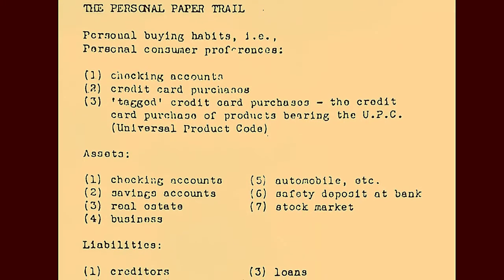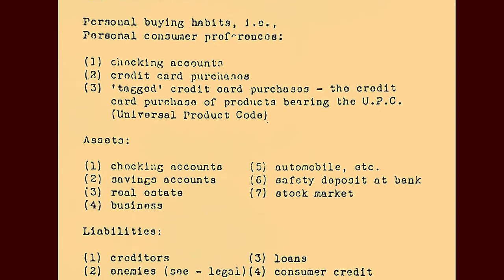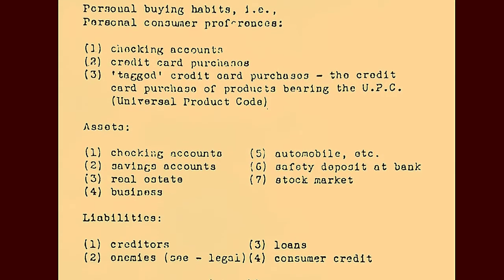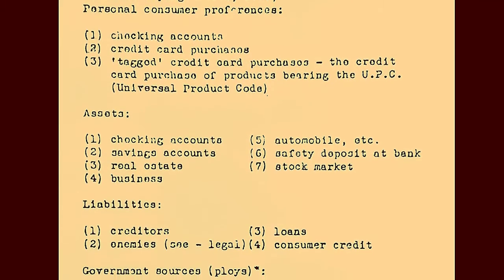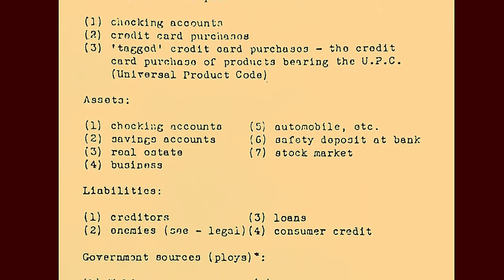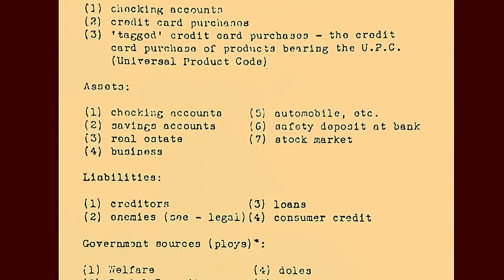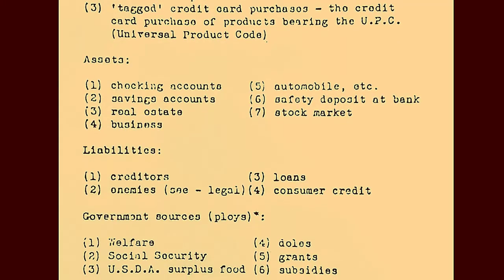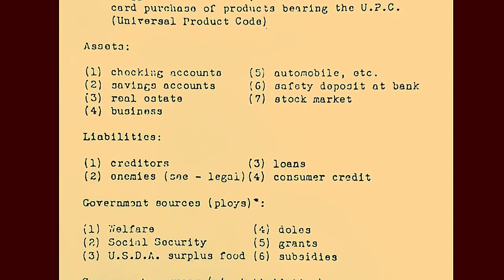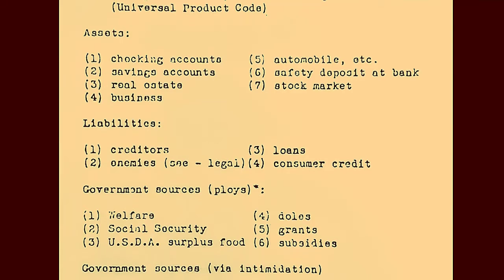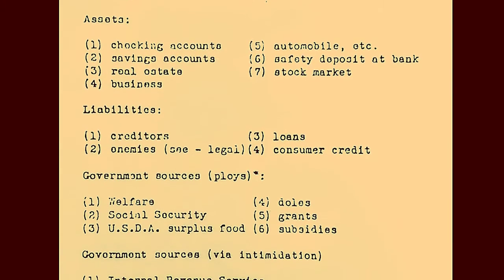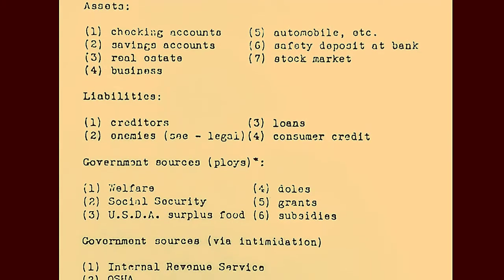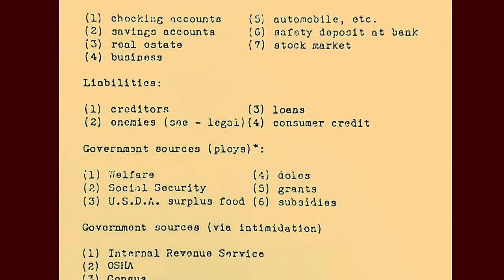Assets: checking accounts, savings accounts, real estate, business, automobiles, etc., safety deposit at bank, stock market, liabilities, creditors, enemies, see legal, loans, consumer credit, government sources, ploys.